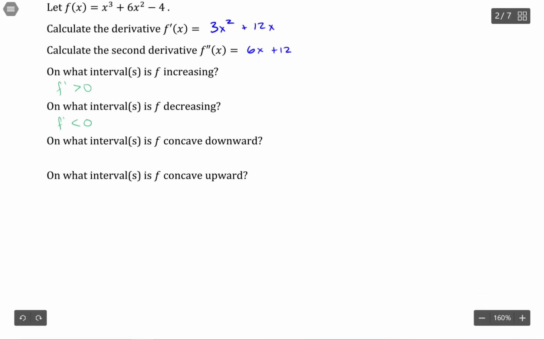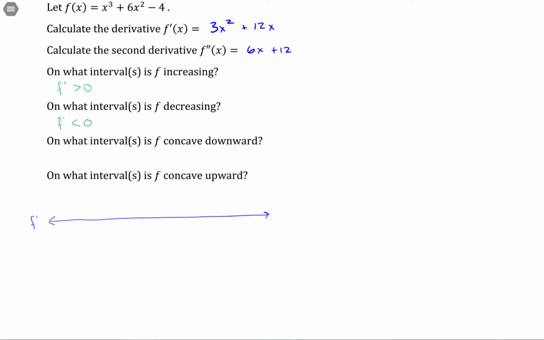So if I take the zeros of my first derivative and place them on a number line, I'm just going to use the zeros because there are no places here in a polynomial function where we need to worry about a location where the first derivative is undefined, because these polynomials are smooth continuous curves, so easy to work with.